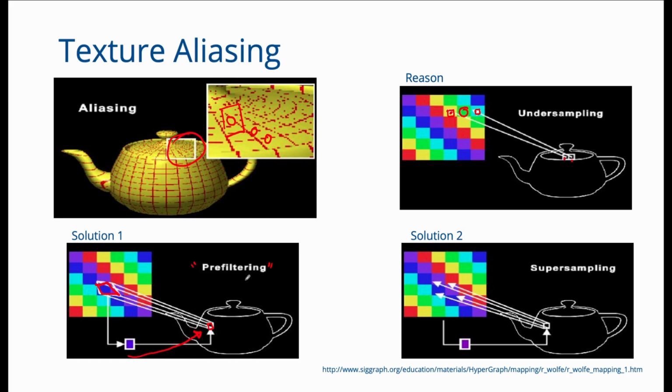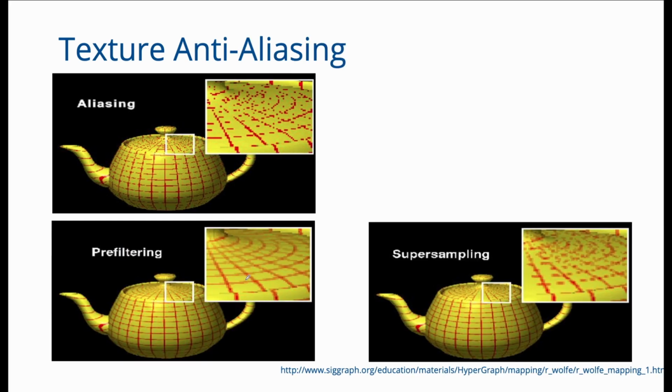So super sampling is a common way of performing anti-aliasing. Here on the left top you can see the aliased image, and then you can see the anti-aliased image that is produced by pre-filtering and by super sampling. Pre-filtering is sort of the more optimal solution.